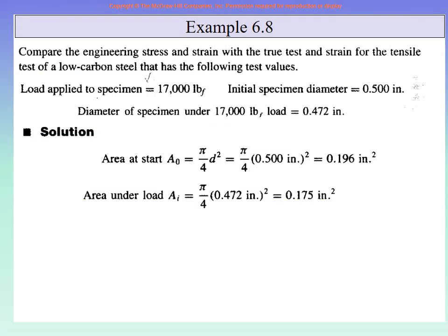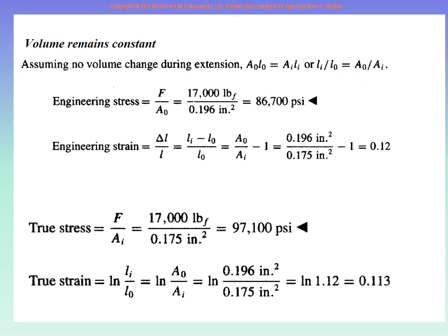So if you now look at the solution, you find the A naught, whatever is the value, you find the Ai, whatever is the value. Then engineering stress is force upon initial area, you find the value in PSI, you can write 86.7 KSI.